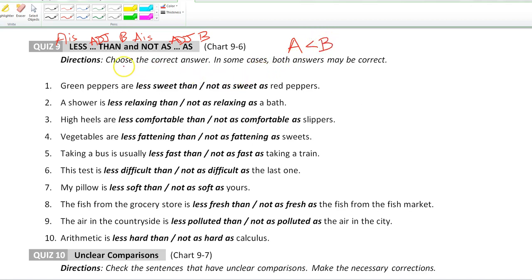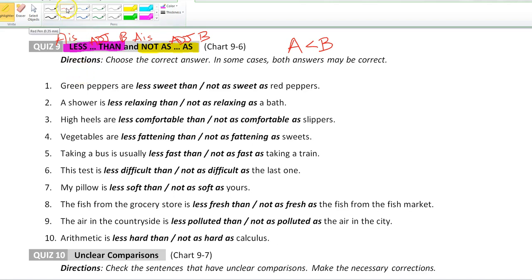Okay, now the rule for this is that not as blank as is used for everything. It's always right. Okay? However, less adjective than is different.